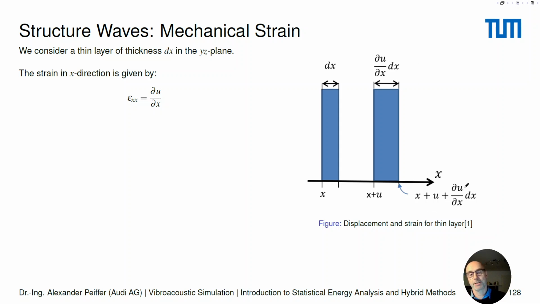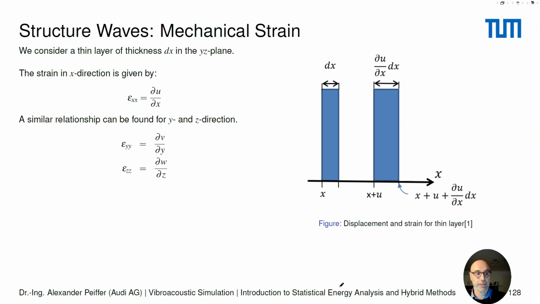And the change in thickness is given by the derivative of u with respect to x multiplied by the original thickness. What is the impact? The relative change of this block is simply given by the derivative of u with respect to x. And the same can be done for other directions. Long story short, just the derivative of the displacement coordinates with respect to the related normal coordinate gives us the normal strain.